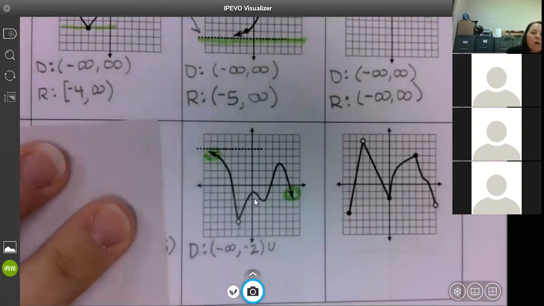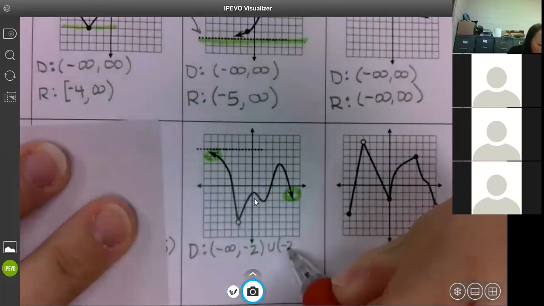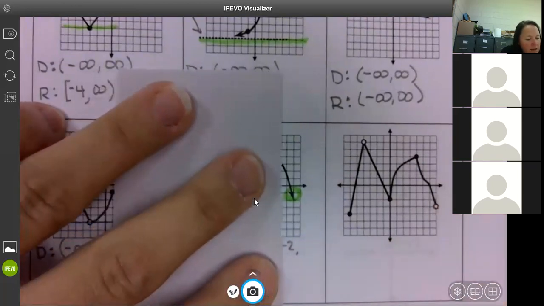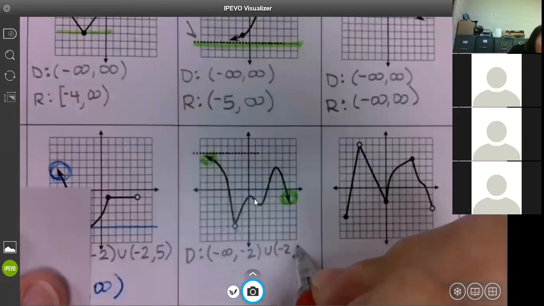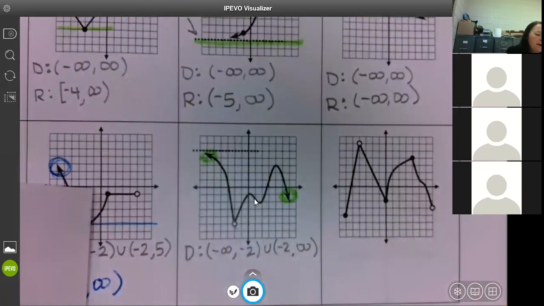-2, and it's open. So I open the parenthesis. I pick right back up at -2. And then I keep going and keep going and keep going. And what do I see on the right? Infinity. It goes all the way to infinity as it goes down, but we're not talking about down, we're talking about left and right. All right, so then we're going to talk about our range.